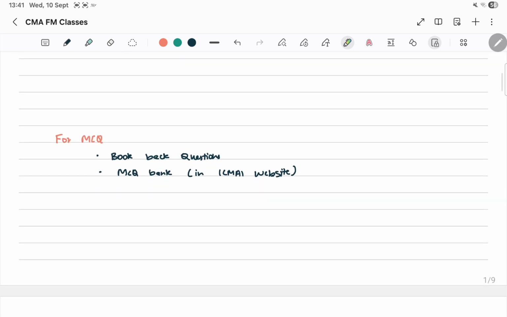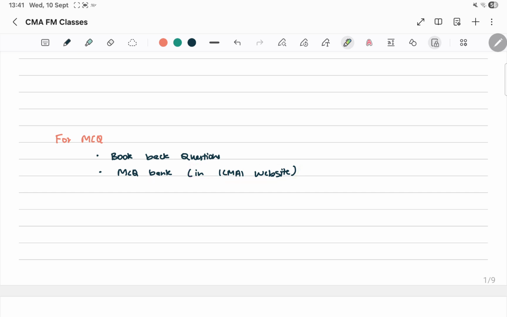For MCQs, you need to be well prepared with the back questions of your MCQ book. After each chapter you will have 20 to 30 MCQs. Another thing is you need to have your MCQ bank, which is available on the ICMAI website.